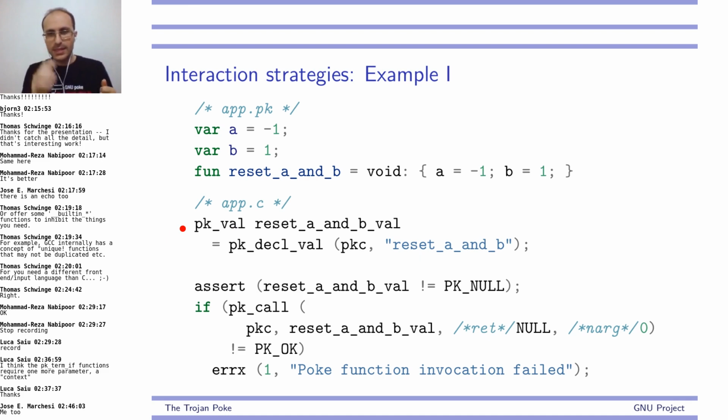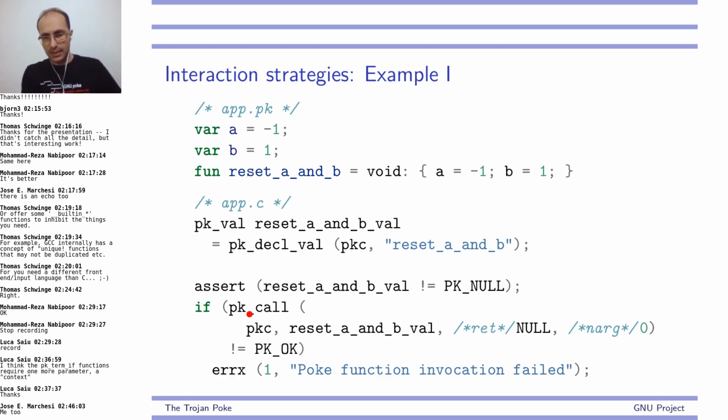Okay, so then for sure it's not pk null because I know it's there. But this is a good thing. I will show you an example later. That is a good idea. When you load your app.pk, after that, check the declaration of things to make sure that you catch errors early.